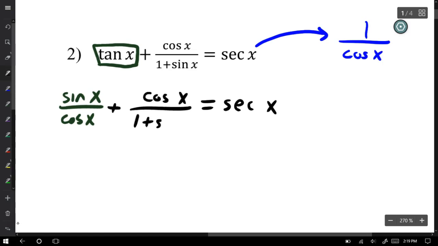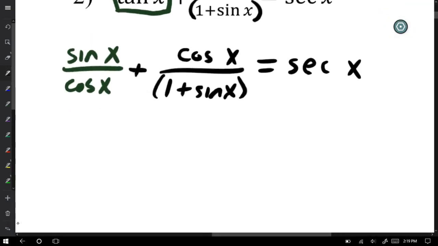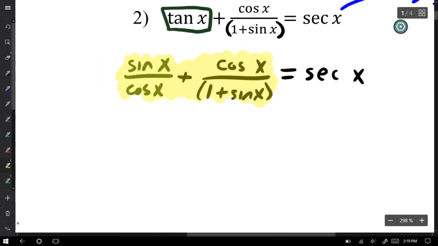Now I'm going to put this 1 plus sine of x in parentheses, because we need to start looking at that as an object, its own factor. Because notice on this step I have a fraction plus a fraction. Well, how do I add two fractions together? I need a common denominator. So notice that theme is repeating. If you have two fractions being added or subtracted, you're going to want to find a common denominator.